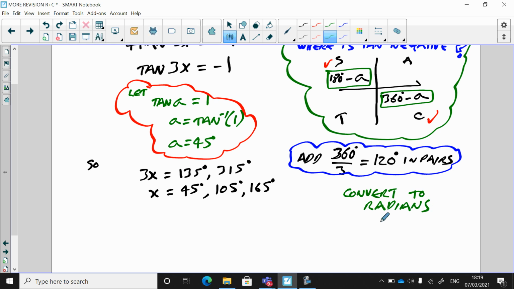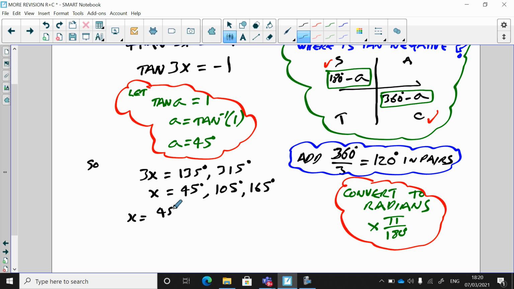So what I need to do with all my angles in degrees is multiply by pi and divide by 180 degrees, for each one of these values here. So that should be fine. 45 degrees, it's going to be over 180.